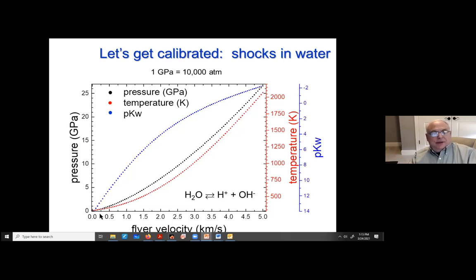Okay, so anyway, we can get pressures up to about 25 GPa. And I know we can go higher, but because I'm interested in chemistry and not metallurgy, that's not a range I'm real interested in. This is the temperature, around 2000 degrees. So that's pressure and temperature. And then I want to talk just the shortest bit about chemistry. So pure water has a chemistry that everybody knows. It can dissociate into protons and hydroxyl ions.